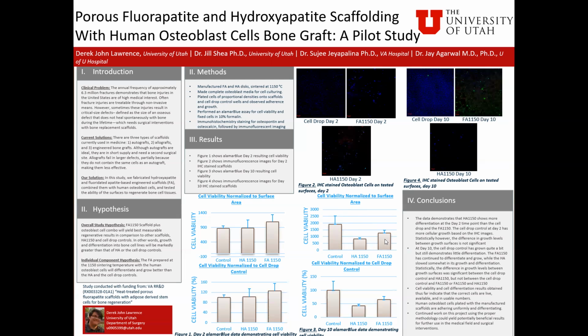And the HA and FA slowed down, the HA more, with the HA and FA showing some differentiation, but the FA a significant amount more differentiation from what you can see in the IHC images for day 10, which shows that the osteopontin and osteocalcin were definitely showing on the FA, but not the cell drop and not as much on the HA. So the cells were growing, somewhat differentiating more on the FA, but growth was definitely slowing.